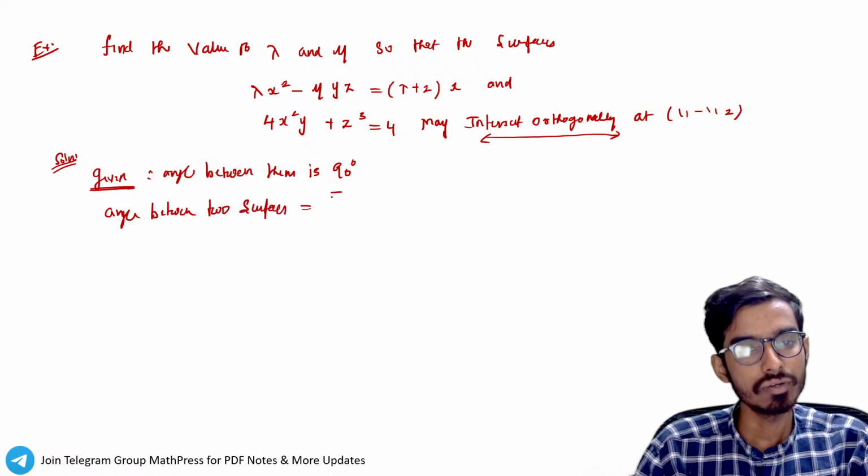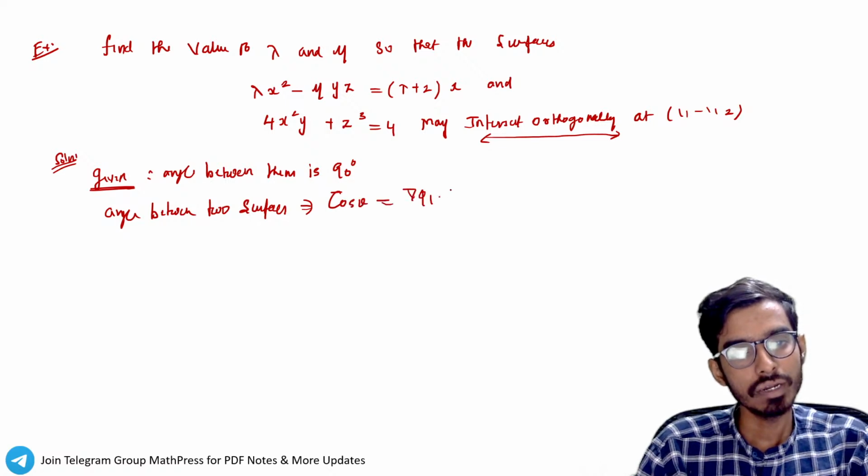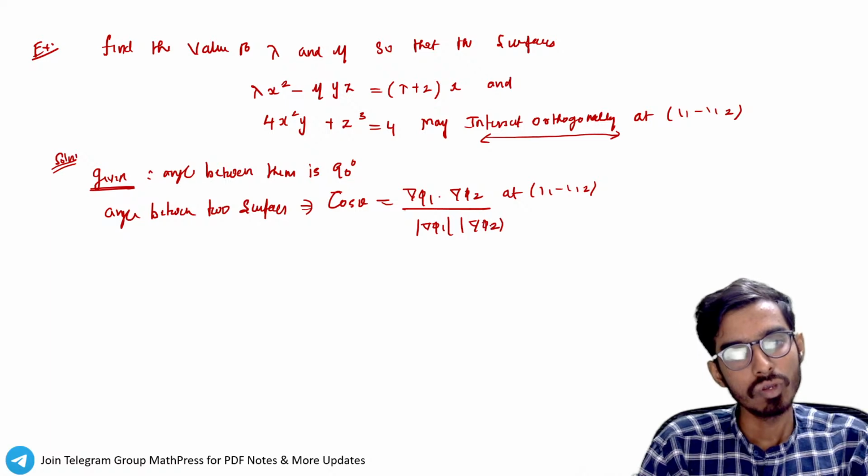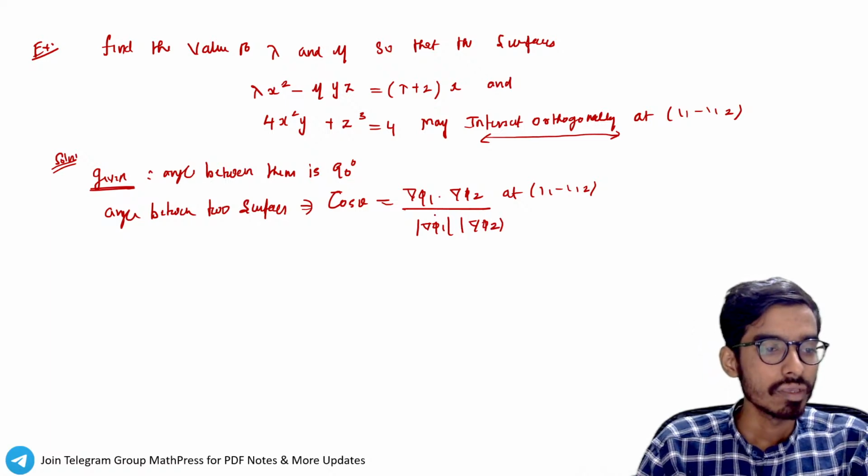The angle between two surfaces is given by cos theta equal to del phi1 dot del phi2 at the point 1 comma minus 1 comma 2 divided by modulus of del phi1 into modulus of del phi2.